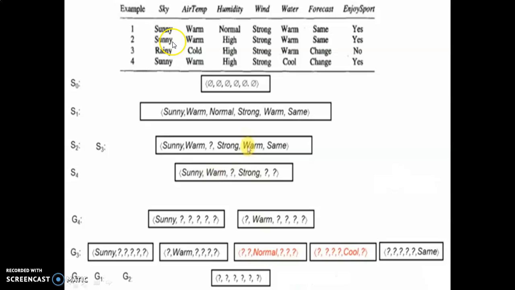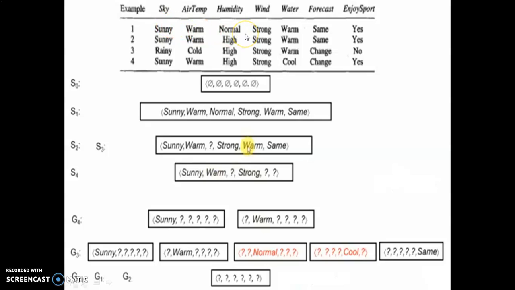Now consider the second example. Here it is high, but here we have taken it as normal. It should be classified as positive, but here it will be classified as negative. So this should be removed. That is what is there in the algorithm. Similarly, consider this one.